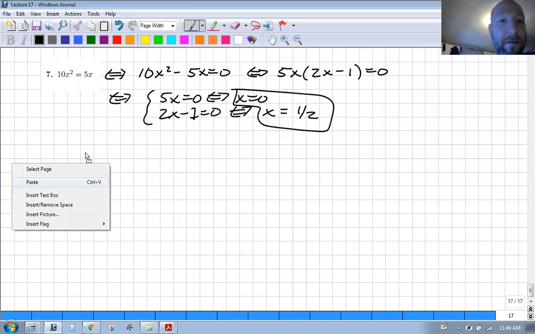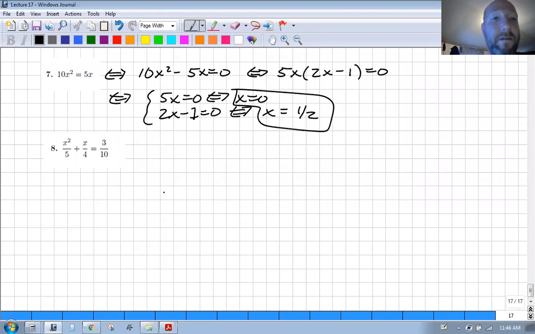Number 8, oh, we got a bunch of fractions. Let's get rid of the fractions. If I multiply by 10, I can get rid of some of the fractions. So what if I multiply everything by 40?